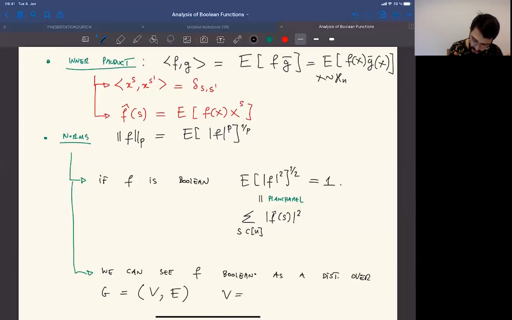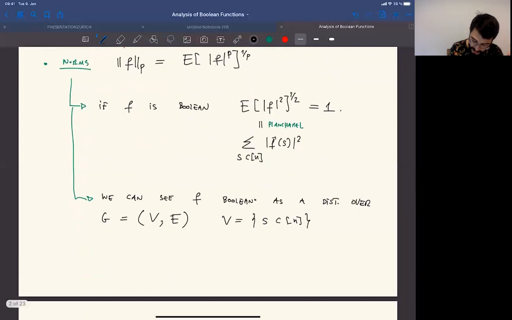The vertices are just the subsets of n, and the edges are pairs of sets such that S is contained in S prime.